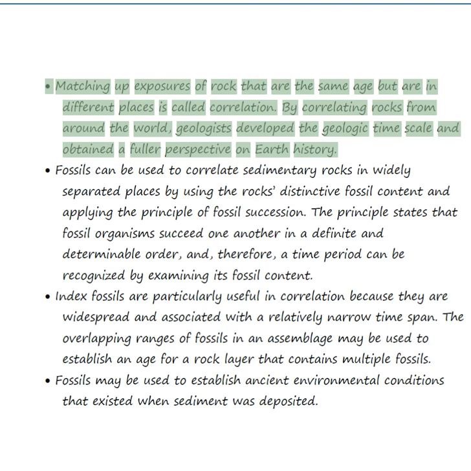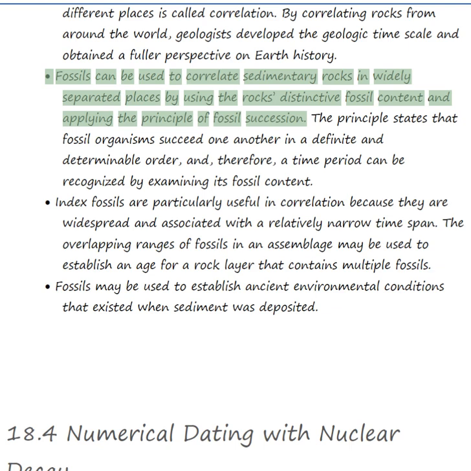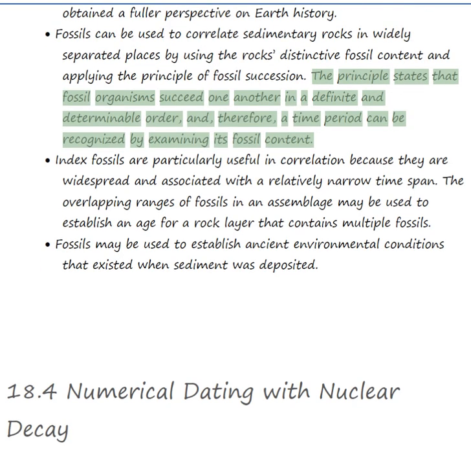Fossils can be used to correlate sedimentary rocks in widely separated places by using the rock's distinctive fossil content and applying the principle of fossil succession. The principle states that fossil organisms succeed one another in a definite and determinable order, and, therefore, a time period can be recognized by examining its fossil content.